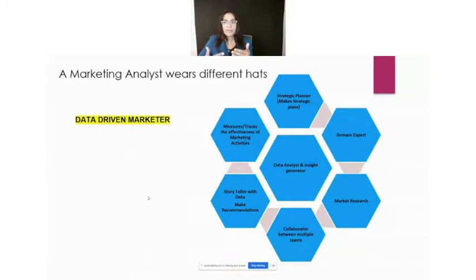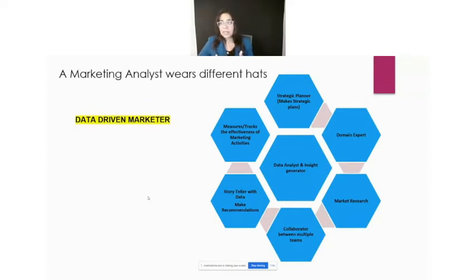So if you look at the different hats or roles in terms of jobs which a marketing analyst could be doing, a marketing analyst is definitely a strategic planner, making strategic plans, then measures and tracks the performance as well as the effectiveness of these campaigns.